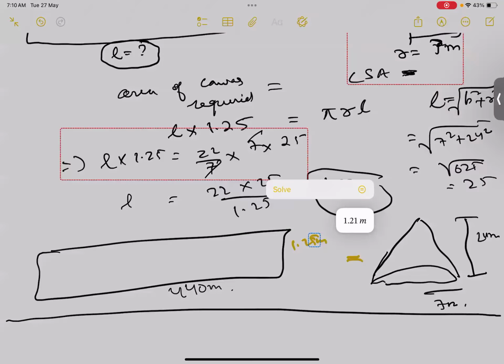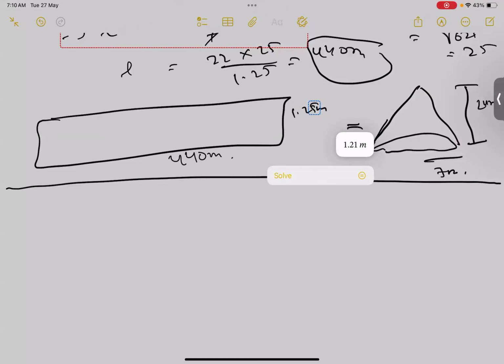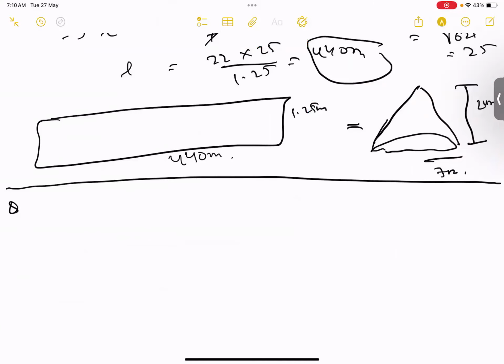Now let's deal with cone and ratio. A question having both cone and a ratio.